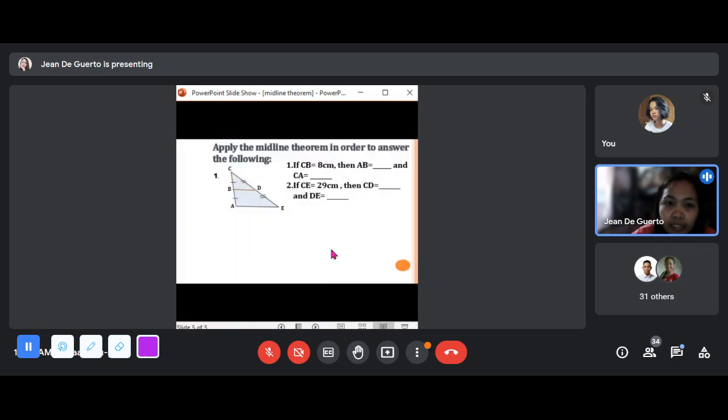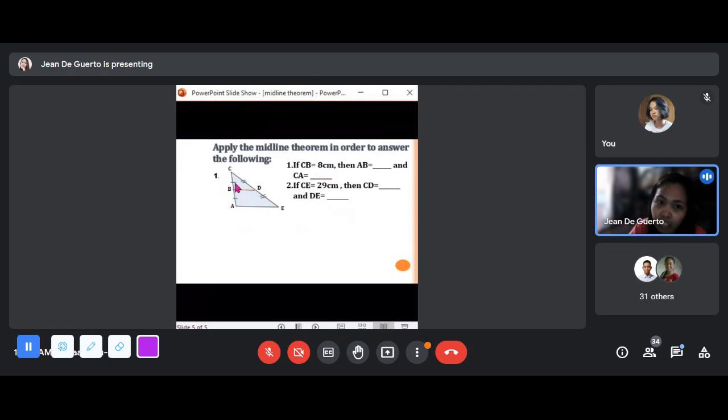So let us have the application for the midline theorem. We have here our triangle ACE. As you all know, similar markings in geometry mean congruent, or equal measures. So yung line segment CB is congruent to line segment AB because they have similar markings.